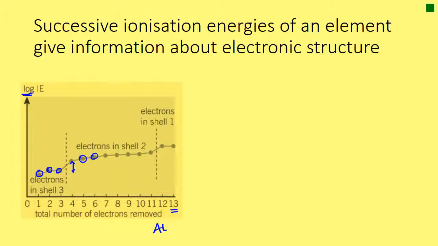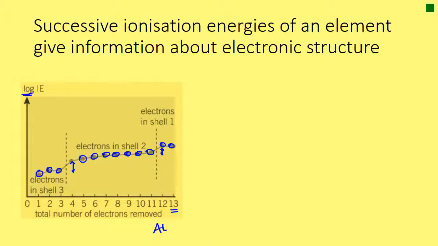But when we have taken all of the electrons out of the second shell and we want to remove the next electron, we have to go deep down into the atom to the first shell, and that's why there's another leap in ionization energies there, because here we are taking the 2 electrons from the 1s subshell.